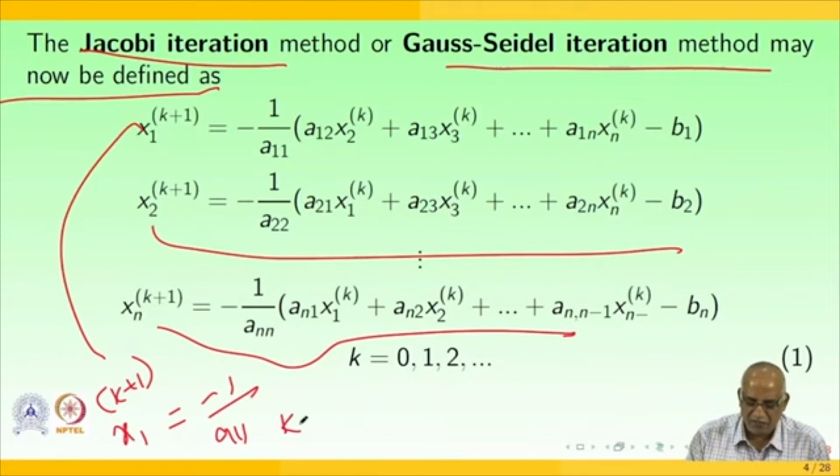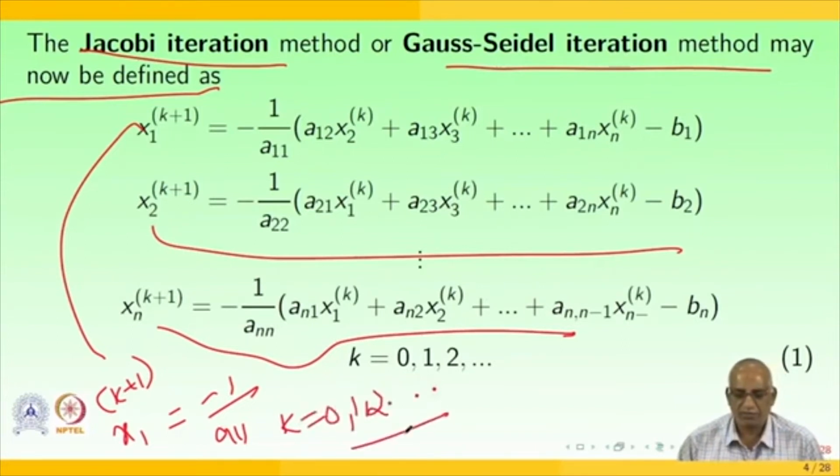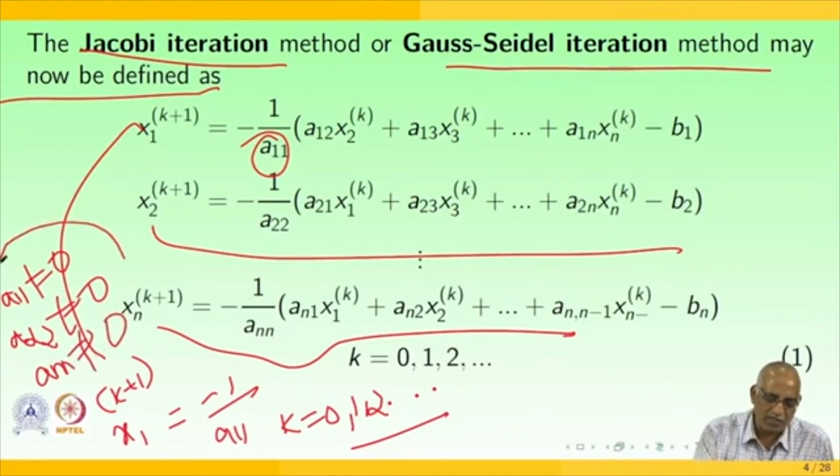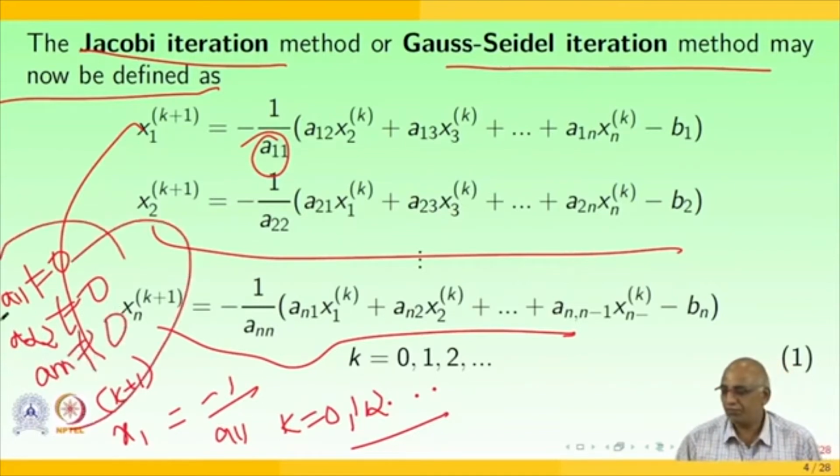This is valid for every k is equal to 0, 1, 2, etc. Remember that a11, a22, ann are ensured to be free from 0.